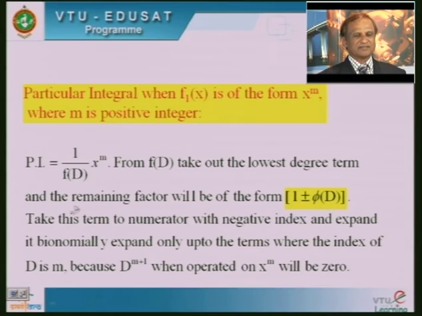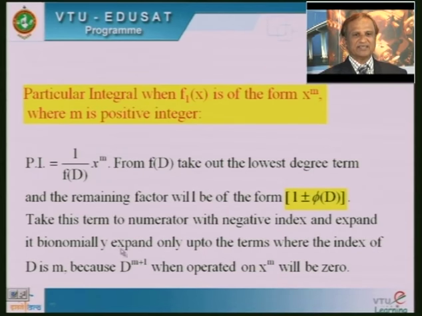After that, take this term to the numerator with a negative index and expand it binomially. Expand only up to the terms where the index of D is m, because D raised to m plus 1 operated on x^m will be 0. So, you observe the right hand side member may be x^m, where m is a positive integer.